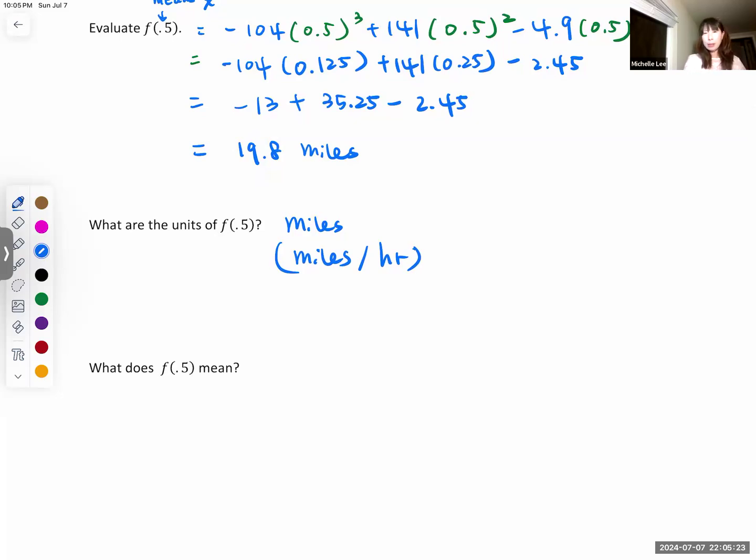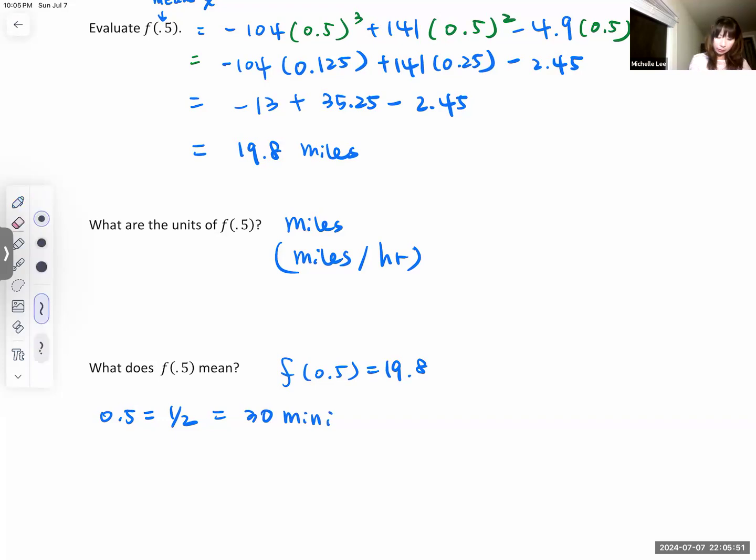What does this mean? F of 0.5. Okay, so we have f of 0.5 equal to 19.8. So 0.5 means 1/2 hour. That means 30 minutes, right?